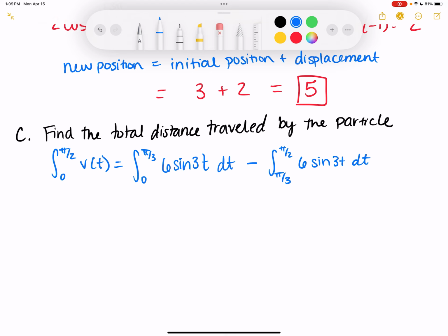I need to verify, but I think because this one was moving left is why this one's negative. But don't hold that as 100% truth right now. I'm going to have to look that up and verify that.